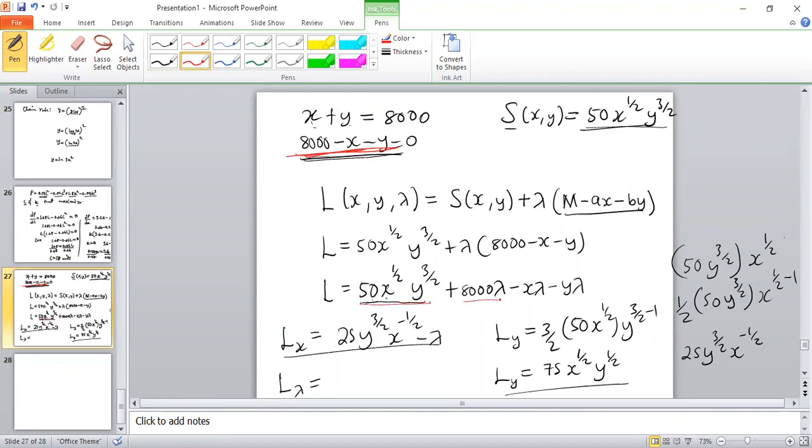When you differentiate this 8,000 lambda, it will give you 8,000. Then when you differentiate that, it will just give you minus x. When you differentiate that, it will give you minus y. The same thing that is here. So you have these three equations. Any questions up to that stage?